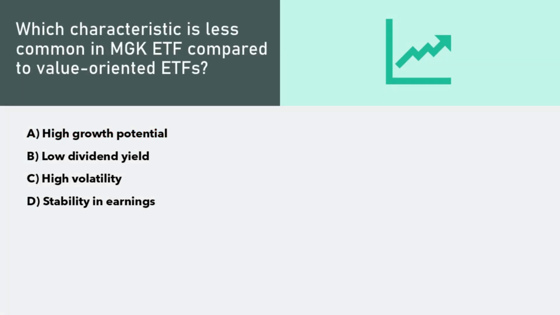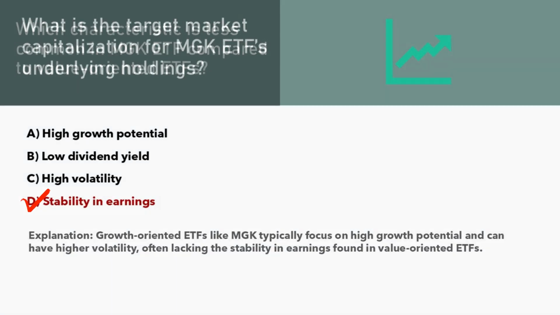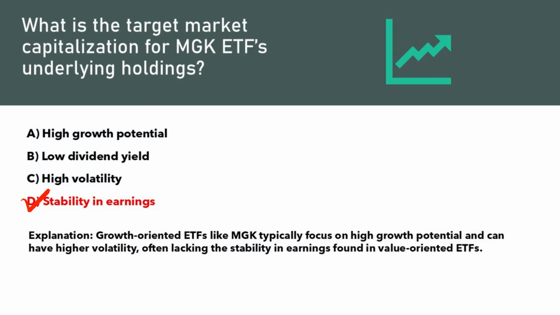Which characteristic is less common in MGK ETF compared to value-oriented ETFs? Answer: D. Stability in earnings. Explanation: growth-oriented ETFs like MGK typically focus on high growth potential and can have higher volatility, often lacking the stability in earnings found in value-oriented ETFs.